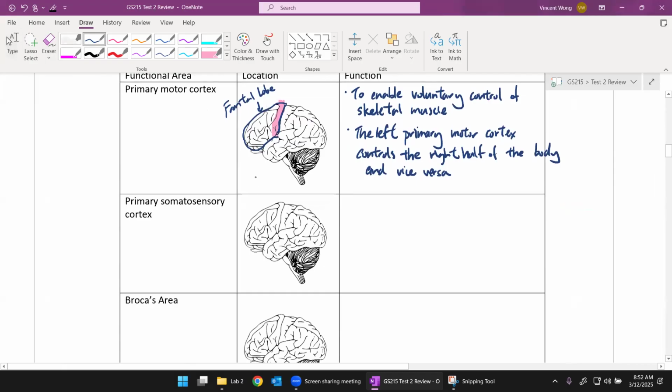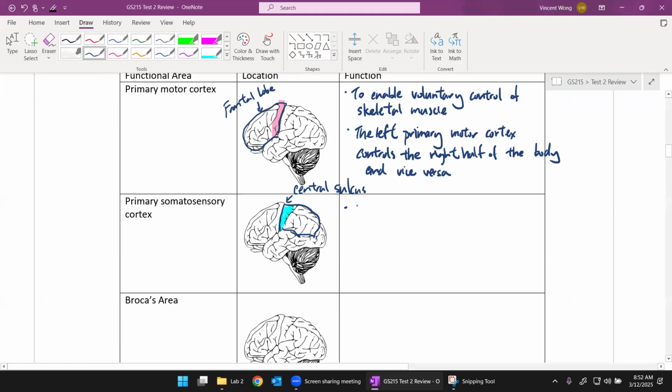Next one, we have the primary somatosensory cortex. Again, you have the central sulcus right there. That's always going to be your landmark. And this is going to be our parietal lobe, roughly. And at the front of the parietal lobe, you are going to find the primary somatosensory cortex right there.